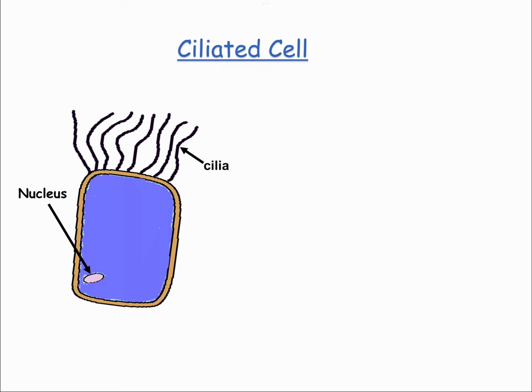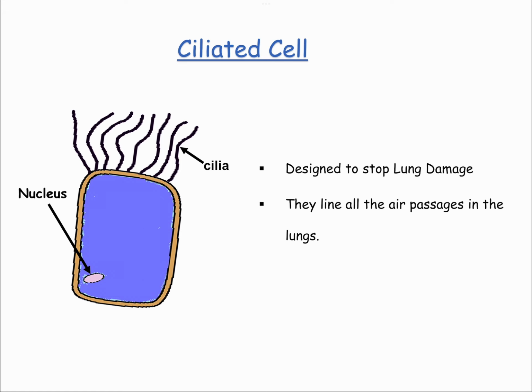Now let's have a look at some other specialized cells found in animals. So you've got the ciliated cell. Now this one is designed to stop lung damage. They line all the air passages in the lungs. They have tiny hairs called cilia.